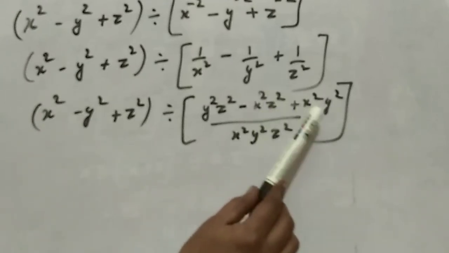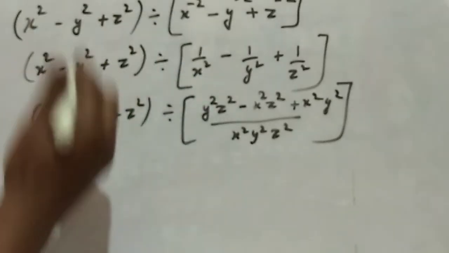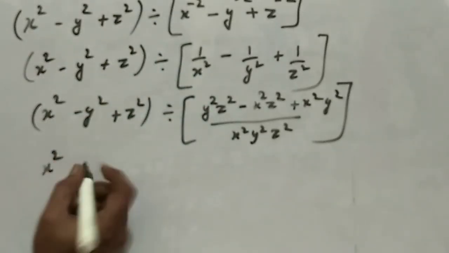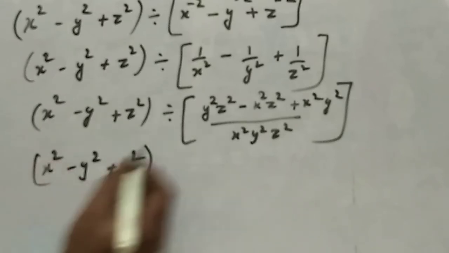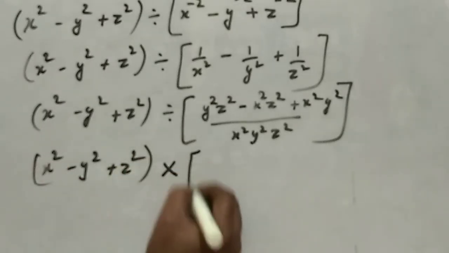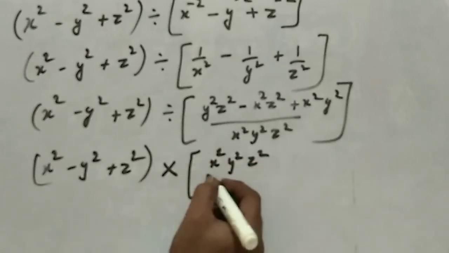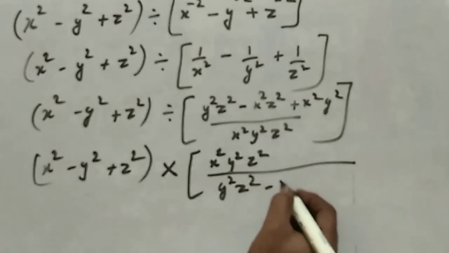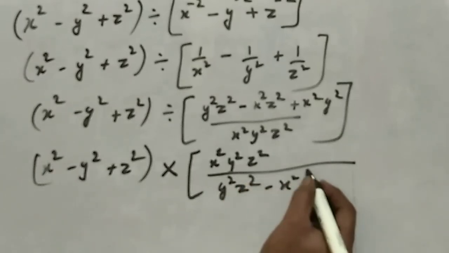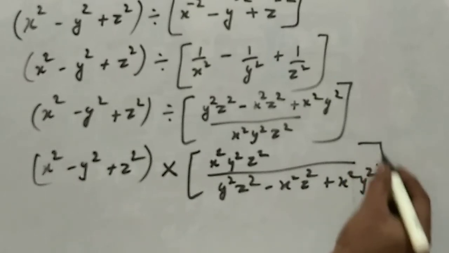Third one, z² is there, so x²y². Now, we have to write down in reciprocal. (x² − y² + z²), and change the divide sign into multiply, and write down in reciprocal: y²z² − x²z² + x²y².